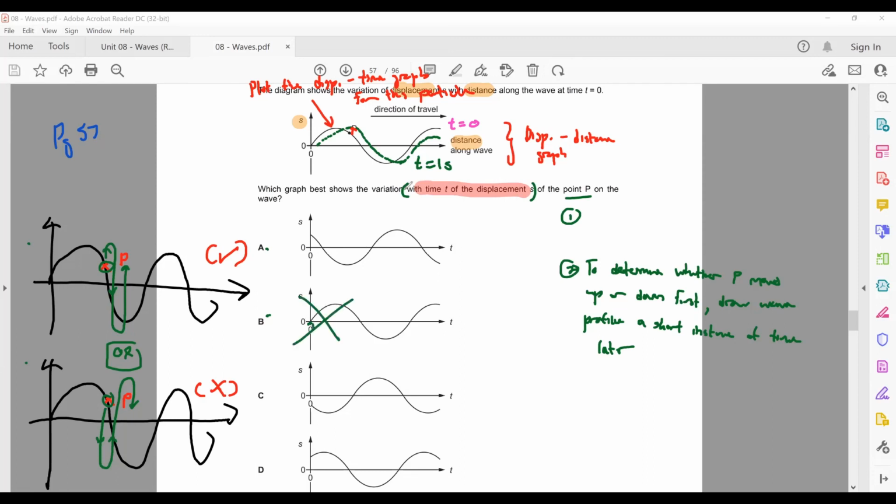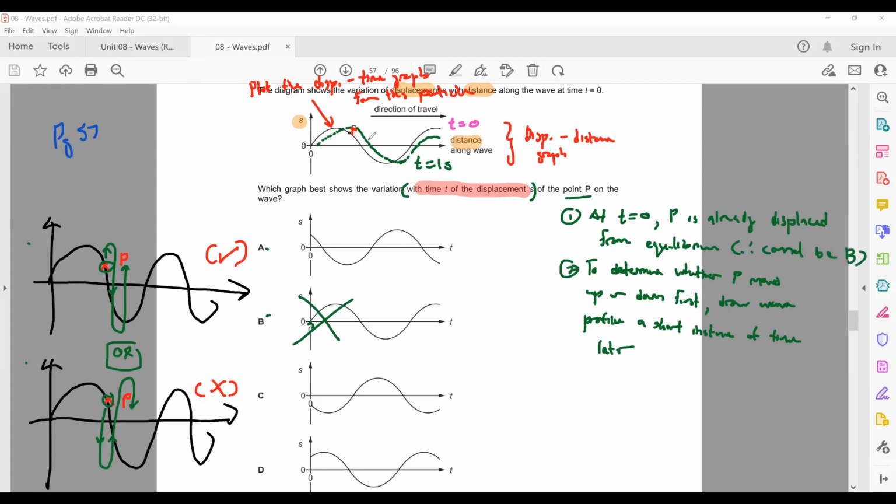This one is not correct, because you see at t equals to 0, P is already displaced from equilibrium. Okay, therefore it cannot be B, right?